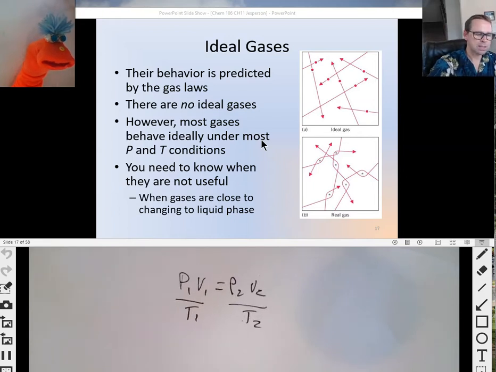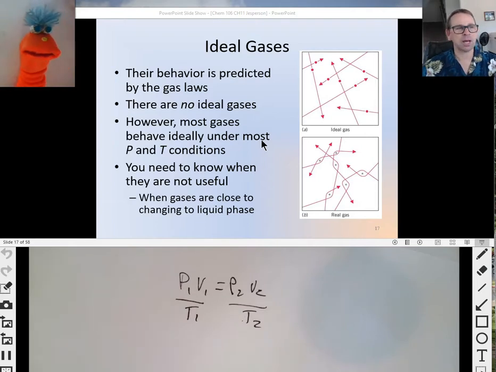Now, this combined gas law works for what we call ideal gases. Now, in reality, no gas is ideal, but most gases behave ideal enough for our types of calculations and problems that we're going to answer.